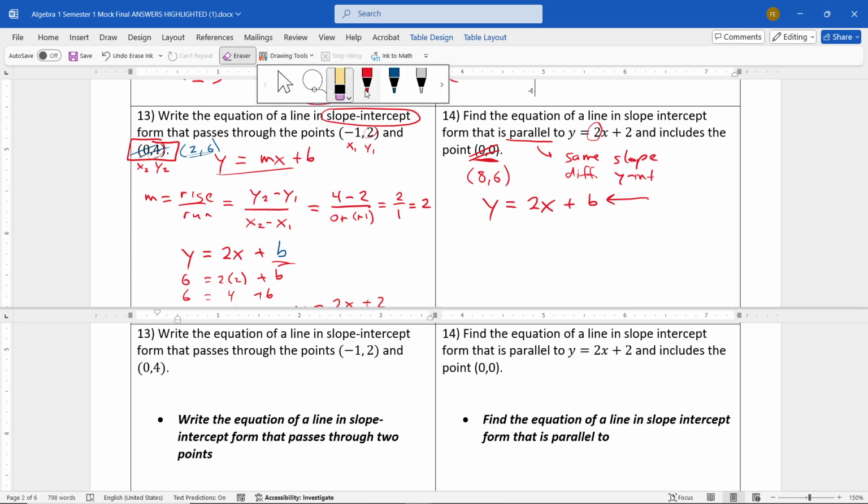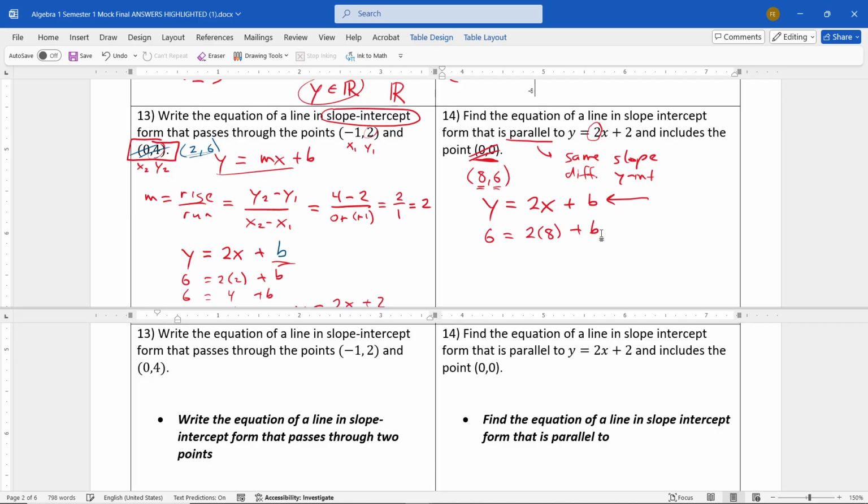So if you're not given the y-intercept outright as we were, then you can always find b by plugging in. In our case, let's plug in 8 for x and 6 for y. So 6 is y, 2 times 8 for x, plus some intercept. We're going to find out what it is. 2 times 8 is 16.